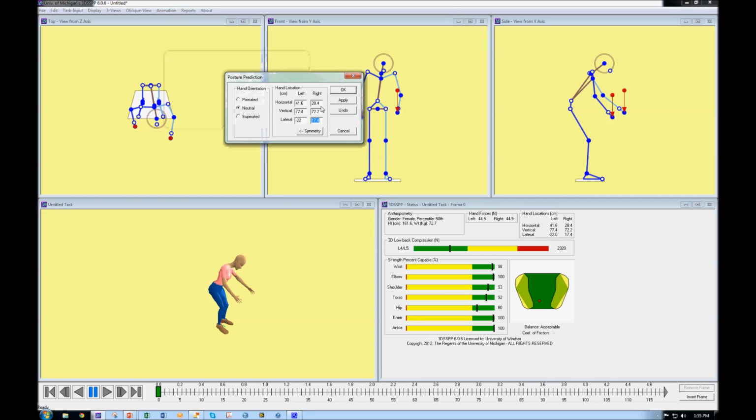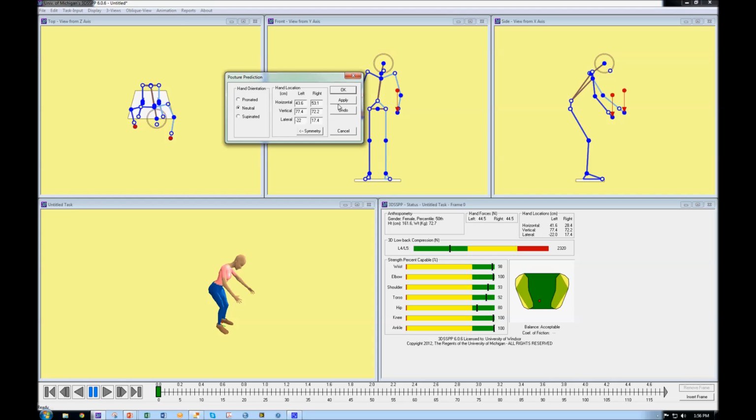So if we went out and measured where the left and right hands are, rather than manually manipulate and move these dots all around such that the segments move, we can make 6 simple measurements so we know where the hands are located in three-dimensional space away from the ankles.